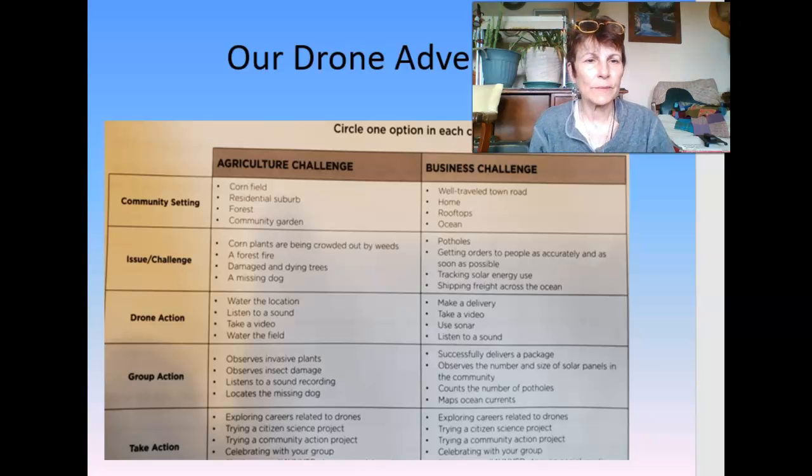There's other challenges. Suppose there's something like a missing dog. Your favorite pet is lost, and you can send a drone through the neighborhood to look for your dog. So take a minute and look at the different challenges, both the agricultural challenges and the business challenges, and see what type of drone action you can use to maybe save the situation or help the situation.